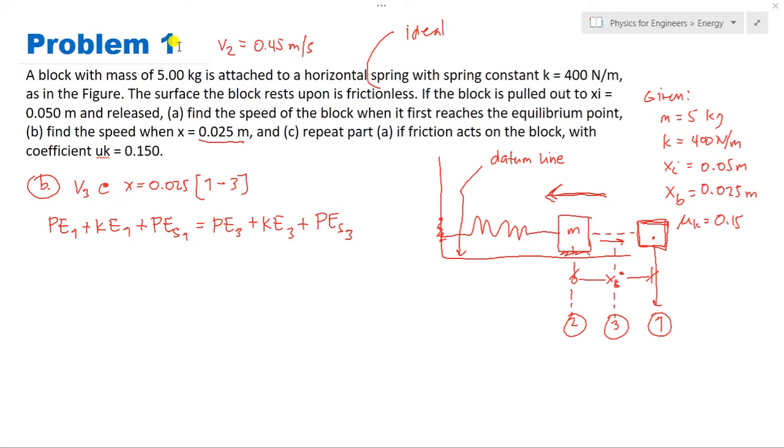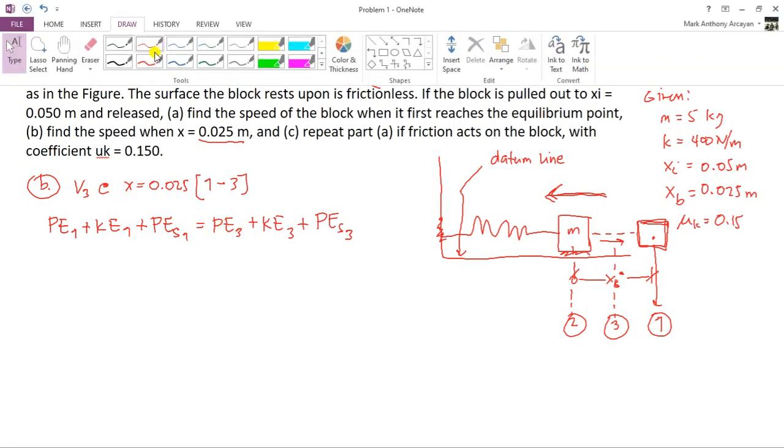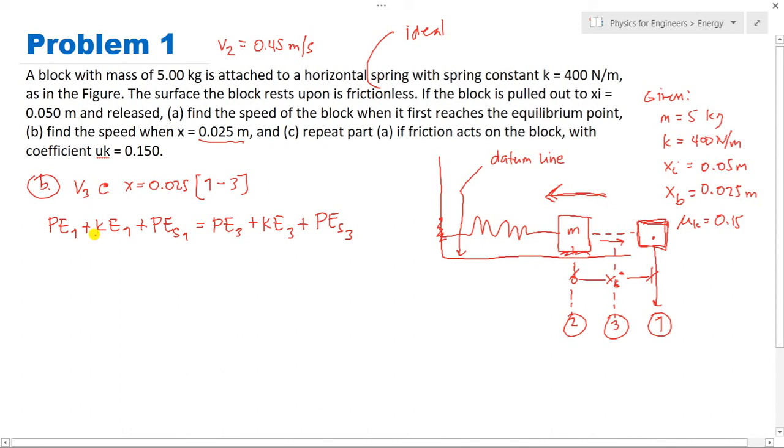Okay class, let's continue. Since our object is lying on the datum line, we don't have potential energy at state 1, so this becomes 0, and the same with the potential energy at state 3, so that is 0. And since it starts from the point of release, we don't have any initial velocity at point 1, so this becomes 0.